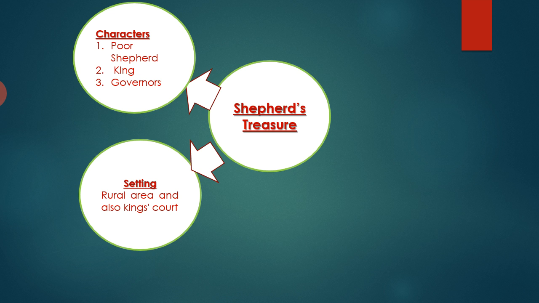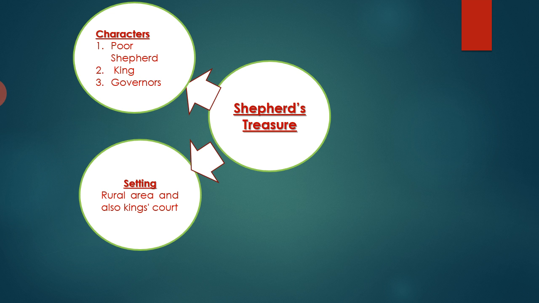Next thing, setting. I already told you what is meant by setting. The setting means where the story takes place. In the beginning of the story, it takes place in a rural area, but in the later part of the story, that is in the end of the story, we can say it is taking place in the king's court. So this is what we can talk about the setting that you have to understand.